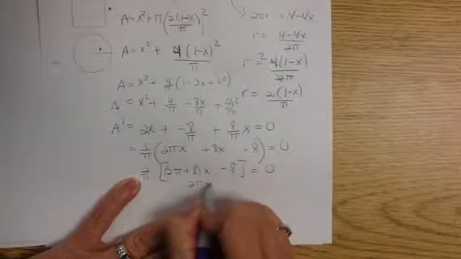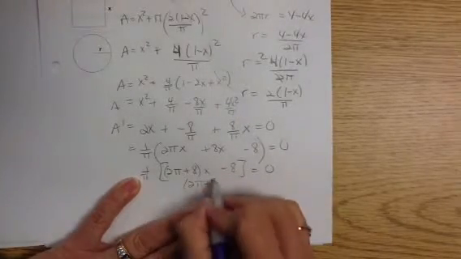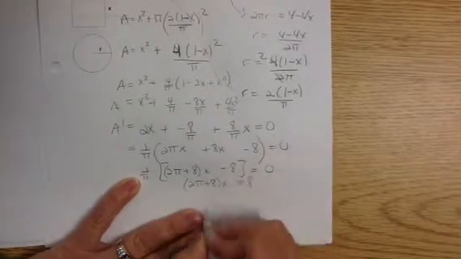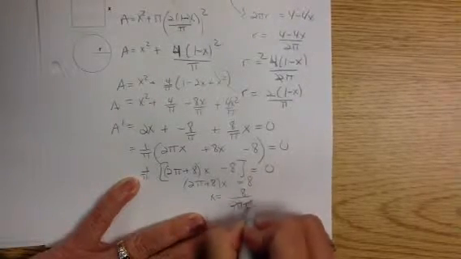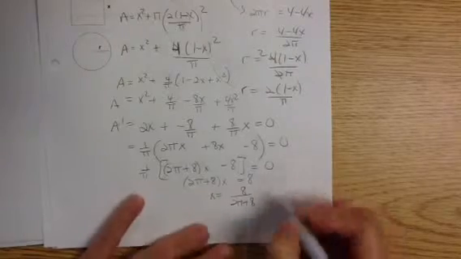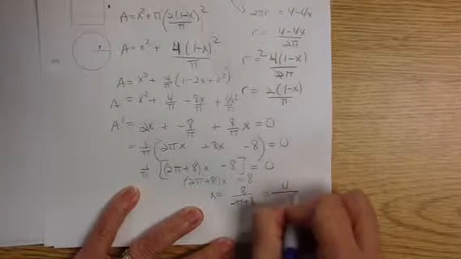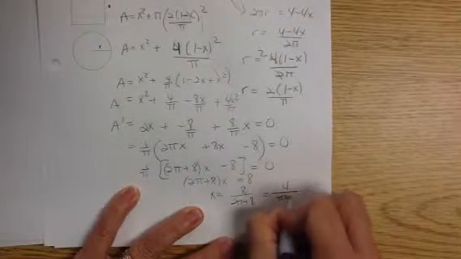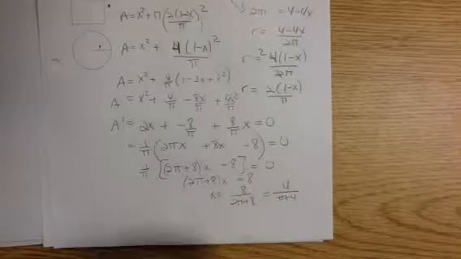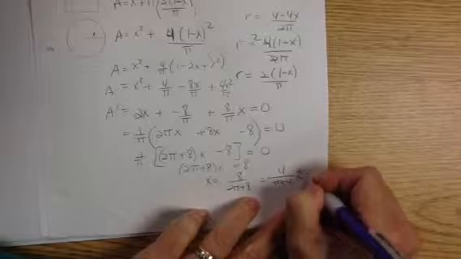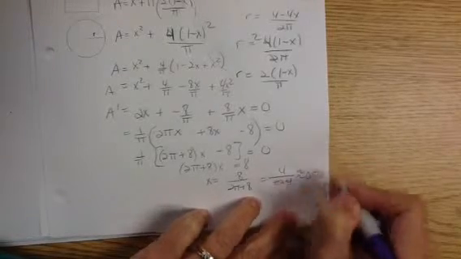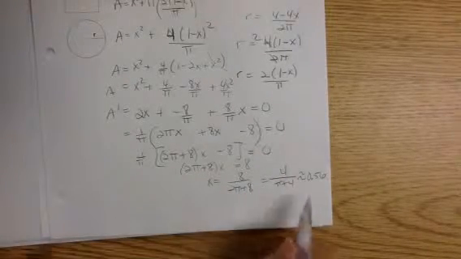So I take 2 pi plus 8, set it equal to 8, and x is going to be 8 over 2 pi plus 8. And I could reduce that to 4 over pi plus 4. So there is my x value. That is an ugly number, which is about 0.56. So here's my x value.